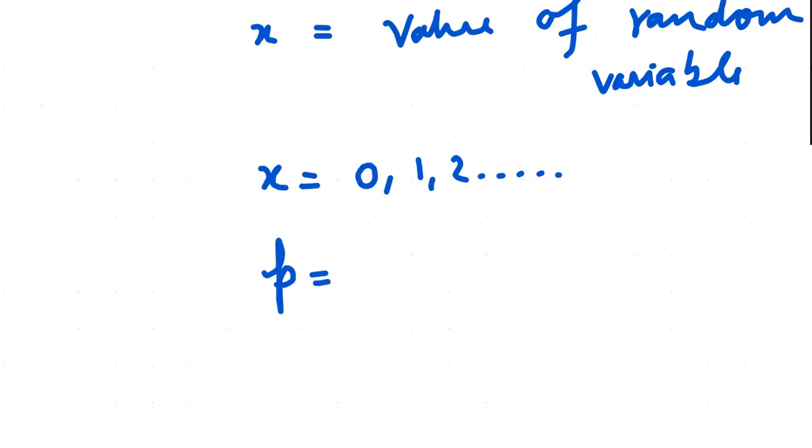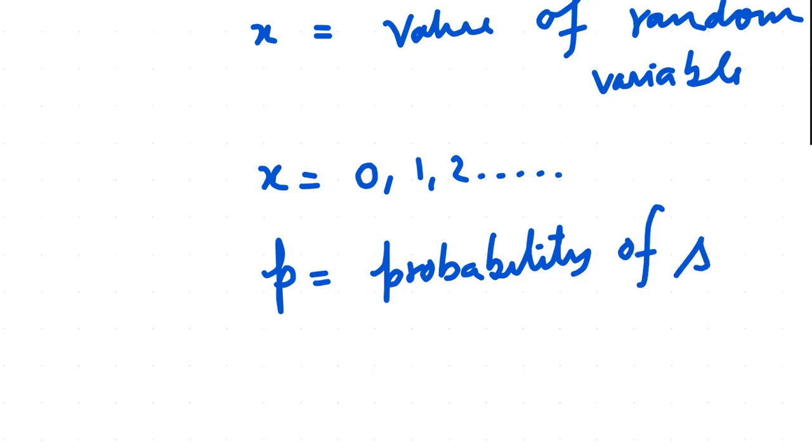And small p is the probability of success in one trial. The meaning is that if a coin is tossed 1,000 times and you need to find the probability to get 700 heads out of 1,000 trials, then the probability of success means to get a head. So the probability of success in one trial is 1 by 2.